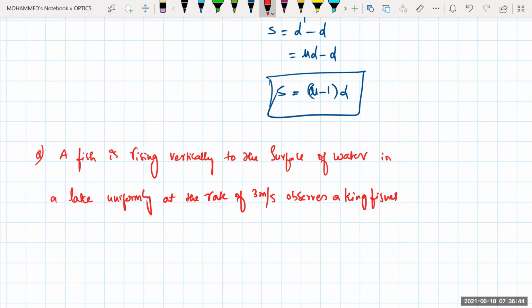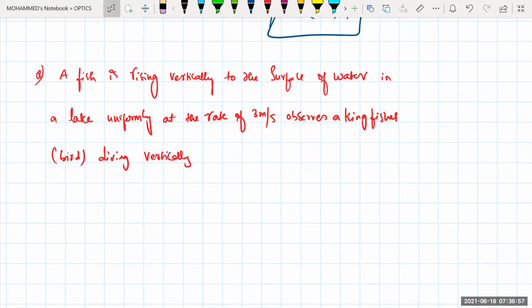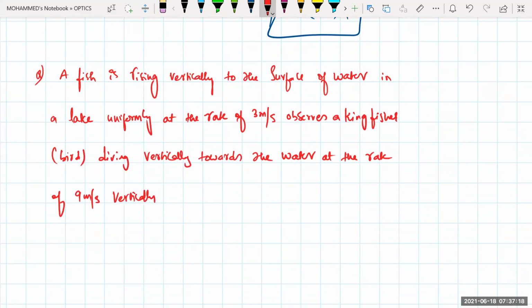A kingfisher bird, so denser to rarer here, which is diving vertically towards the surface of water at the rate of 9 meter per second vertically above.